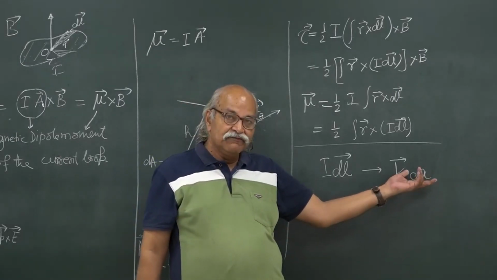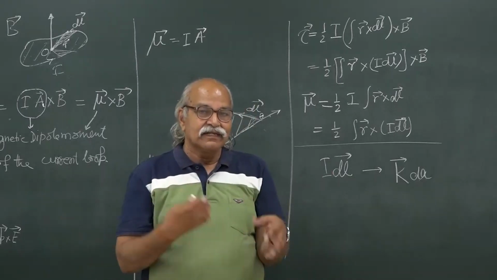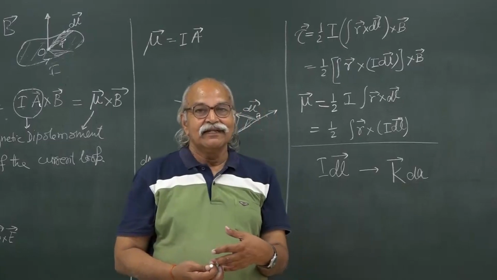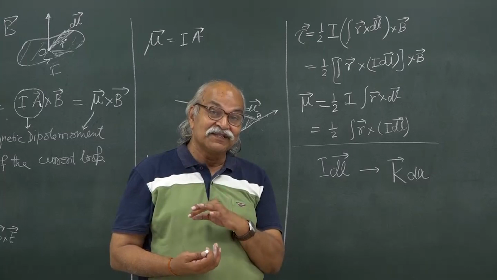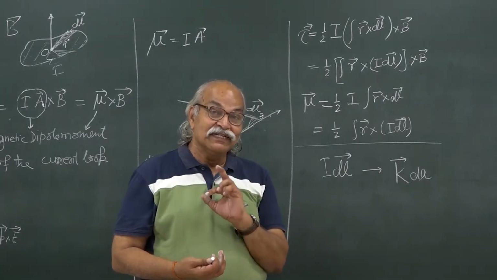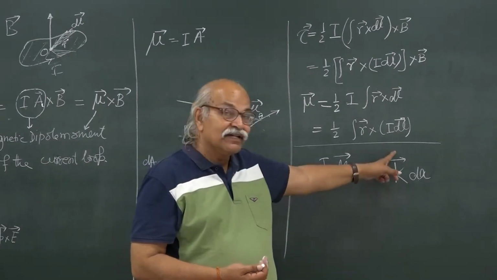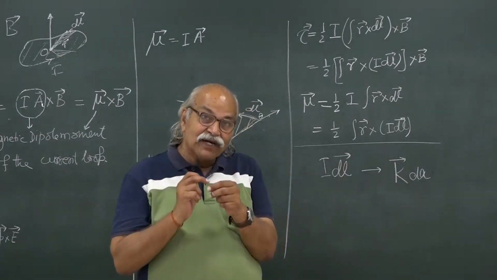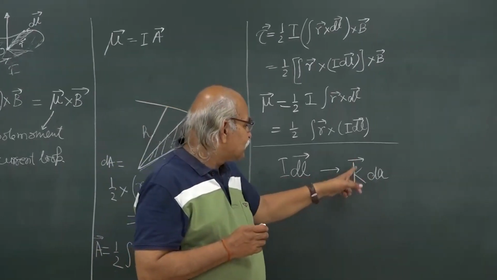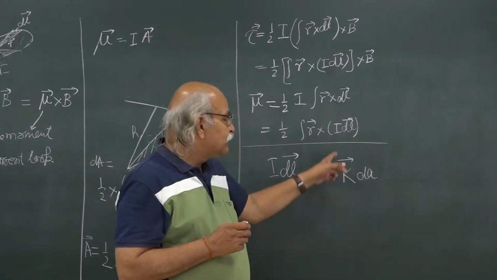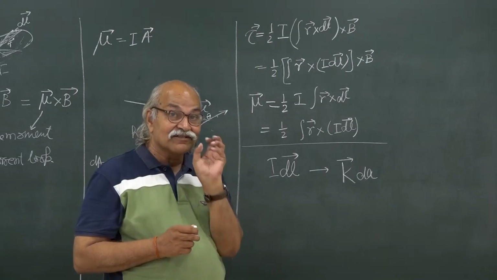If you have a surface on which there is a surface current, then that K is defined by taking a line on that surface and then looking how much charge is going from one side of the line to the other side per unit time, and that is how that K is defined. And then the area that you are taking will be multiplied with this, and K dA will be the current element there.